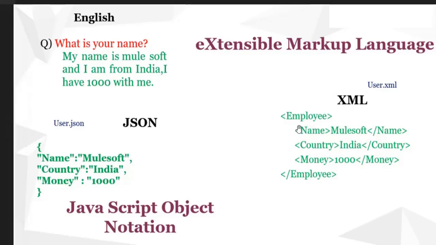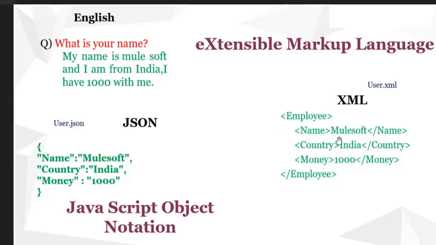You represent the question in a tag, the answer will be the middle value, and you need to end the tag. In JSON you don't need to open or close tags, it is just key value. But in XML you should have one root tag, meaning the primary heading, and under it the questions and answers should be in the form of tags.